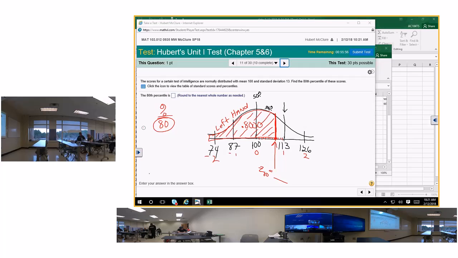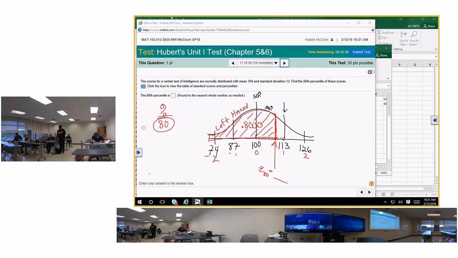What's closer to 80, 78.81 or 80.23? 80.23. Wait, I think 19 is closer to 23, but would that be 79? That would be 79, okay. So 80.23 is closer, which is 0.85. So the z-score at 0.8000 is 0.85.